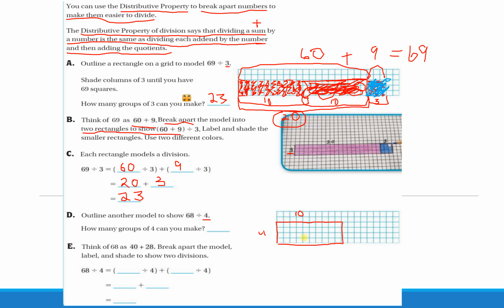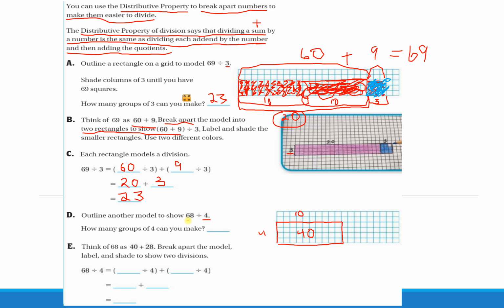So my total is 40. Again, I could shade it if I want, but I showed you guys 2 weeks ago how to label your models this way as well, where we show 4 by 10, so there's 40 small blocks in there. We have 10 columns of 4, or 10 groups of 4, okay?